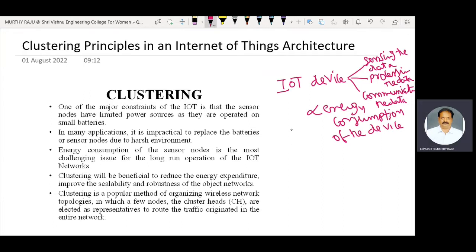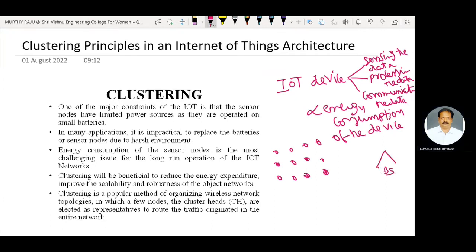If you want to implement an IoT architecture in any city, we need some IoT devices. These IoT devices are placed at different places of the city for applications such as monitoring the traffic conditions. Here, some base station, BS, is there.